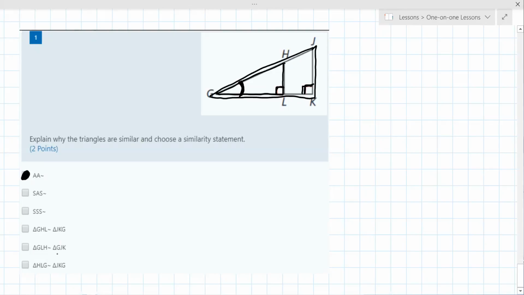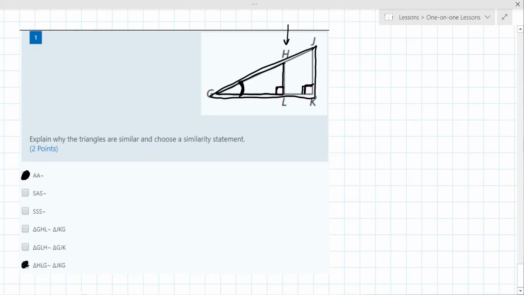Okay, so I think it's this last one here. So H is the top vertex here, top right. H to L to G, so you go down and then left.